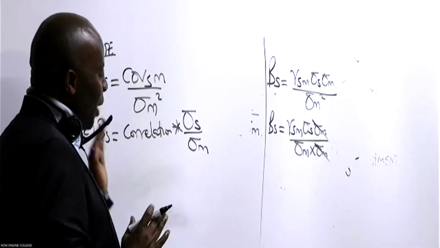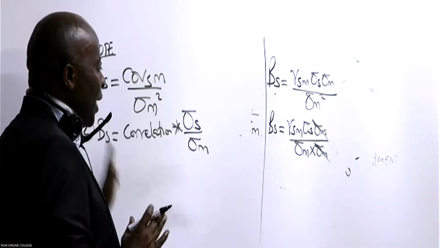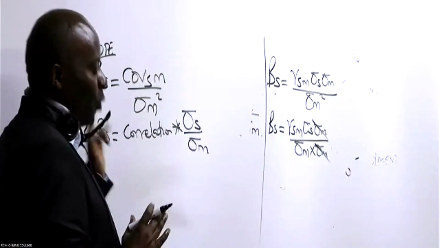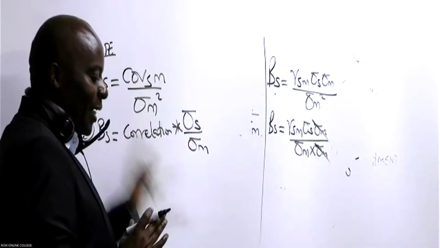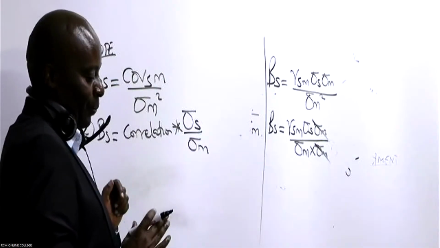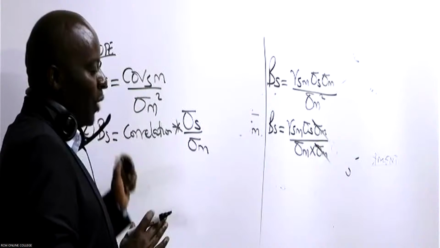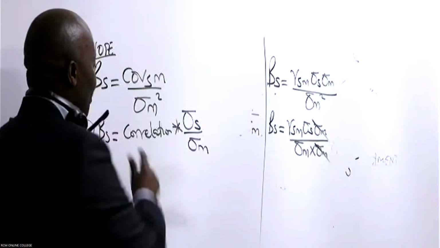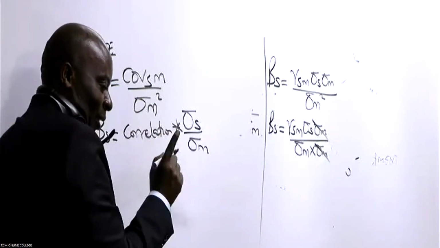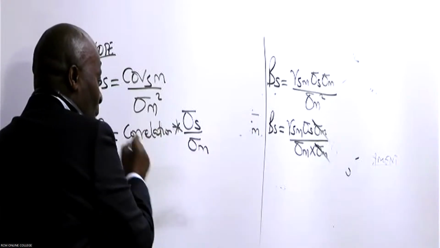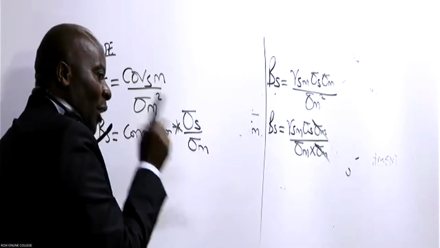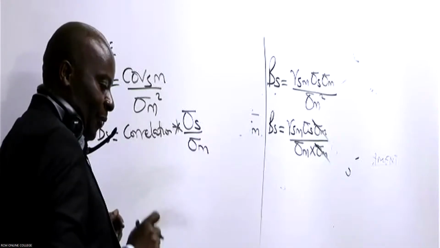So I would want you to do me a favor. We get beta first of all for each of those 6 securities. I would want to give you exactly 3 minutes, because they have given us correlation in the question, meaning that you're going to use the correlation approach to get the betas.